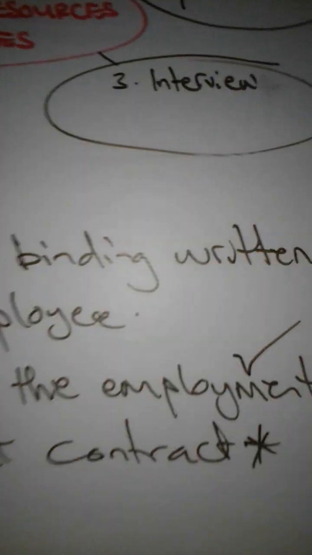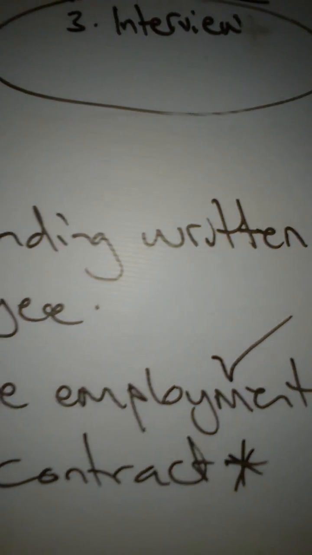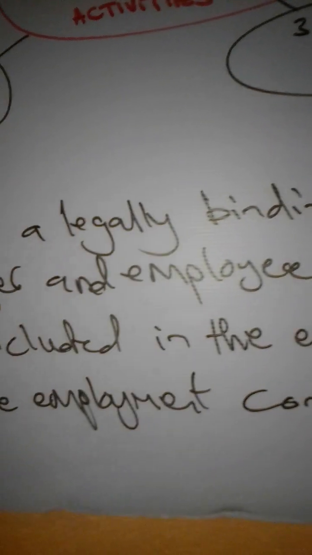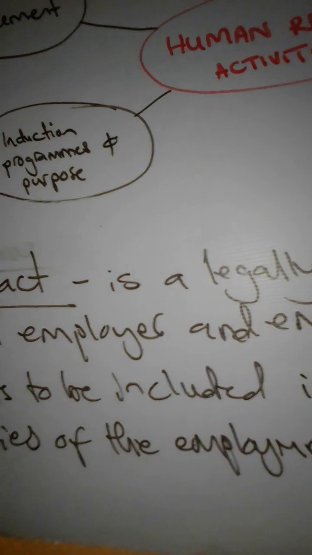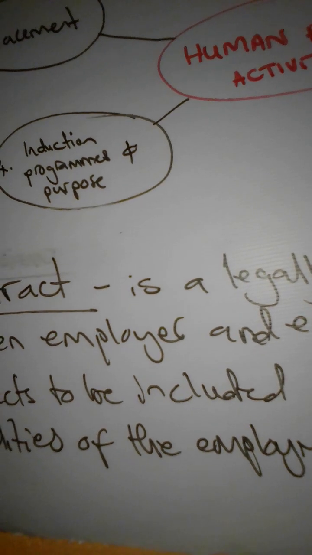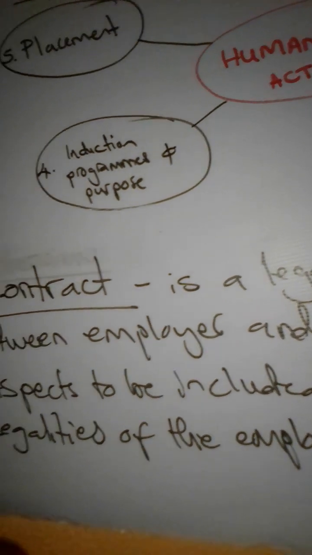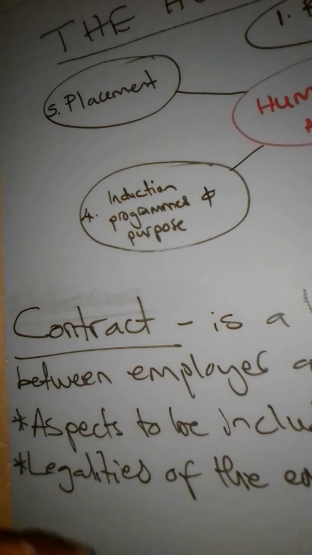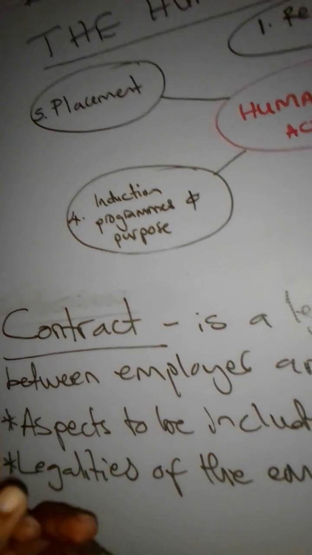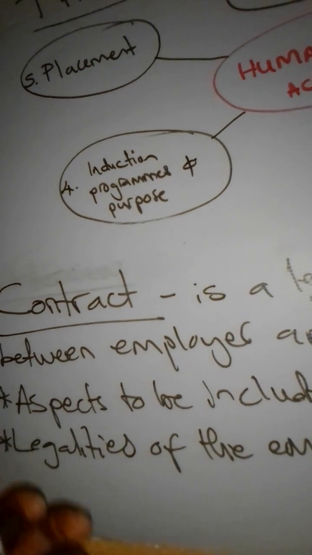The remuneration package must be clearly indicated, including all the benefits. The employer must allow the employee to read the contract thoroughly before it is signed. So you, as an applicant, are supposed to read and understand the contract very well.